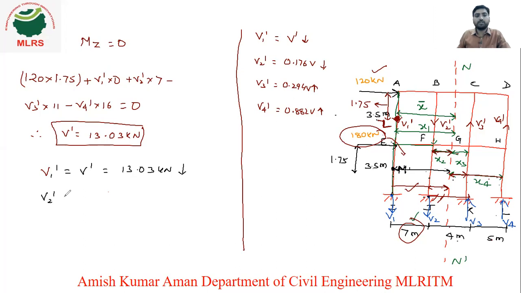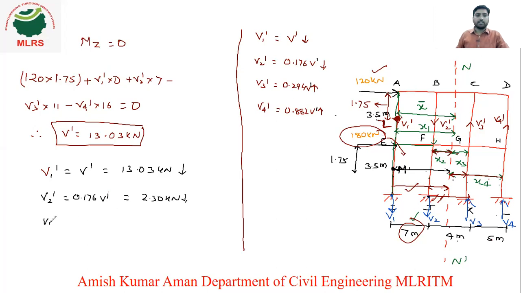Similarly, V2 dash will be equal to 0.176 V dash. Here you consider the dash, I forgot to keep the dash, because this is the second story. We are just changing the notations: there we have taken V, so here V dash; there we have taken V1, so here V1 dash. So it will be 2.30 kilonewton downward.